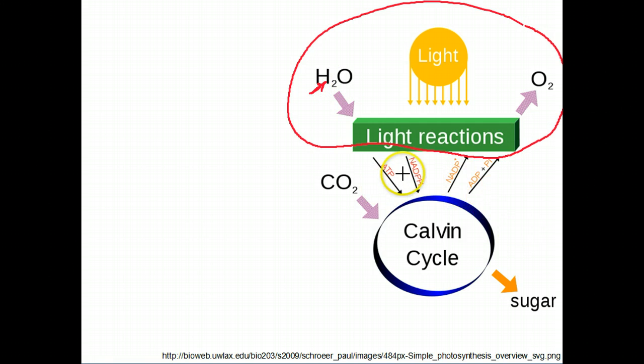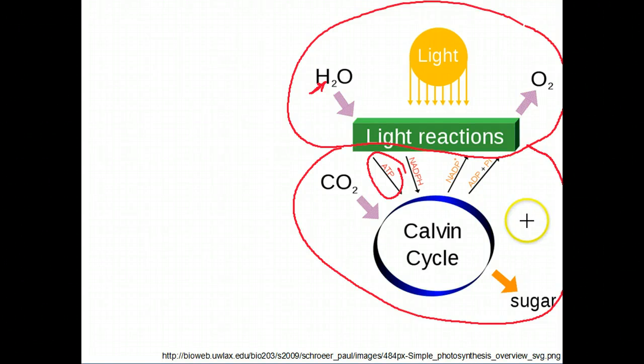It's going to make ATP, which is going to feed into the second process, which we call the light independent pathway, also known as the Calvin cycle, the Calvin-Benson cycle. The energy we make from the light dependent pathway up top will feed into the light independent pathway at the bottom. As a byproduct, we're going to give off oxygen, and at the end, the goal is to make carbohydrates.